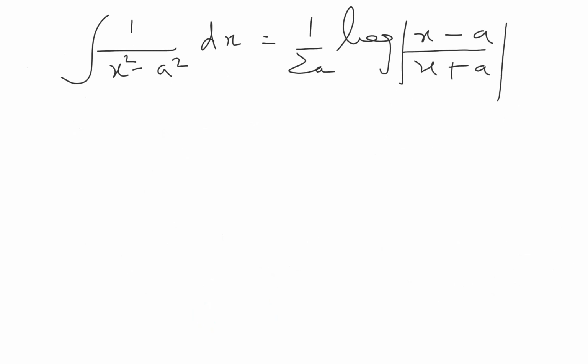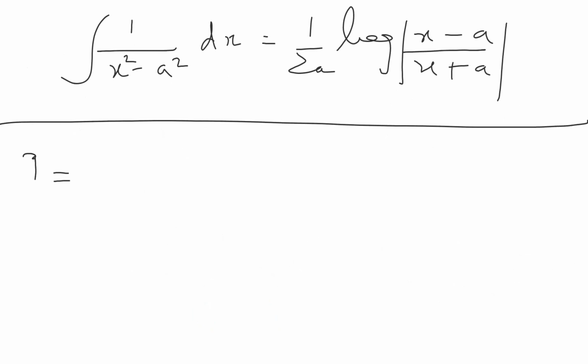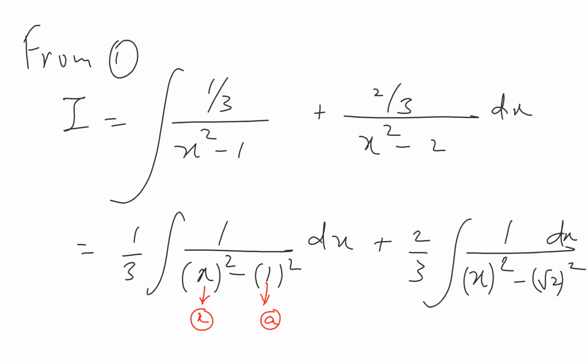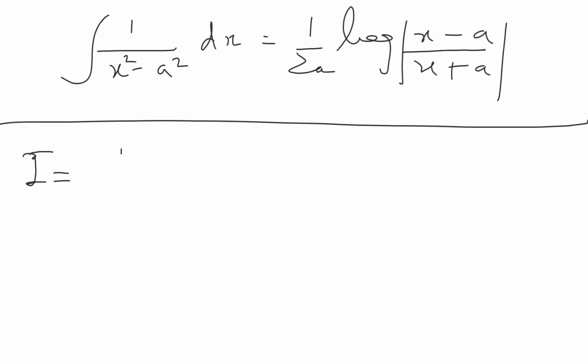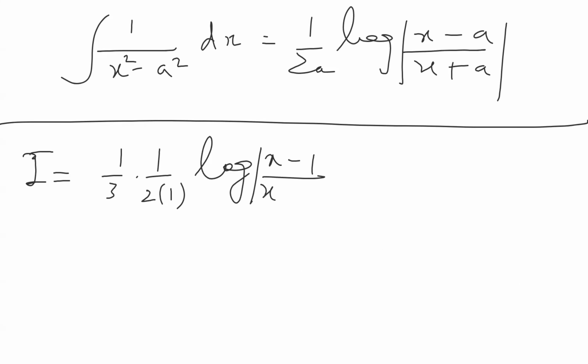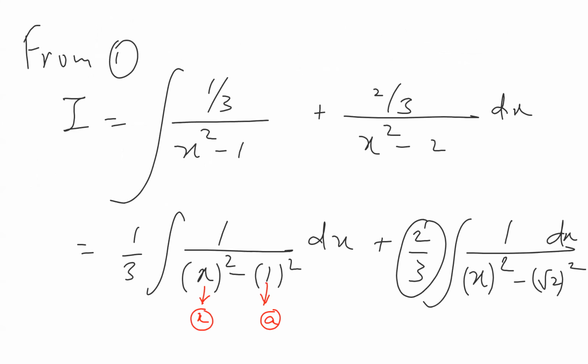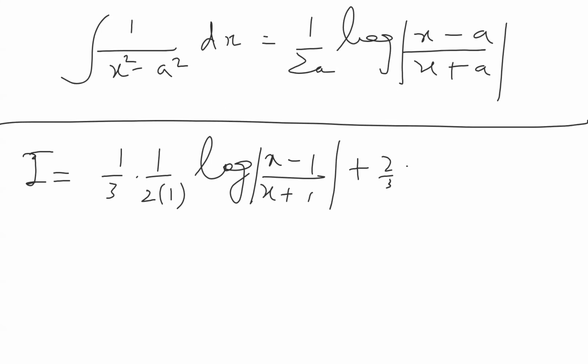So the next step will be I equal to, for both the terms we are going to use the same formula, 1 by 3 into 1 upon 2a log mod x minus a upon x plus a, plus 2 by 3 into 1 upon 2a.